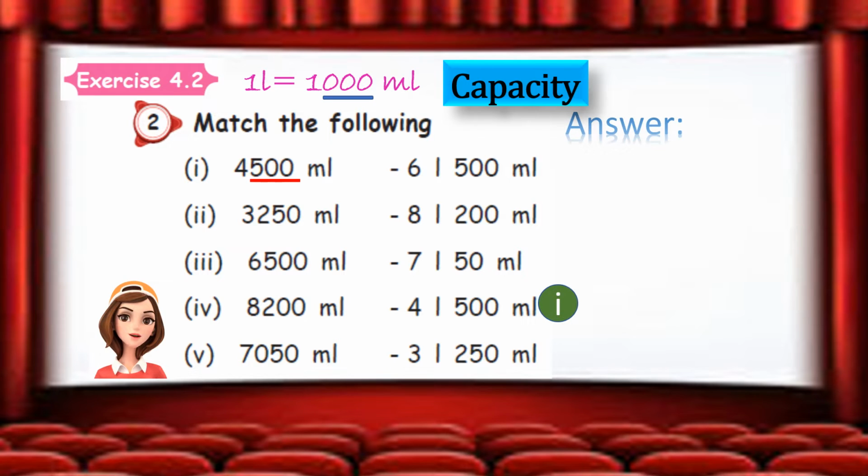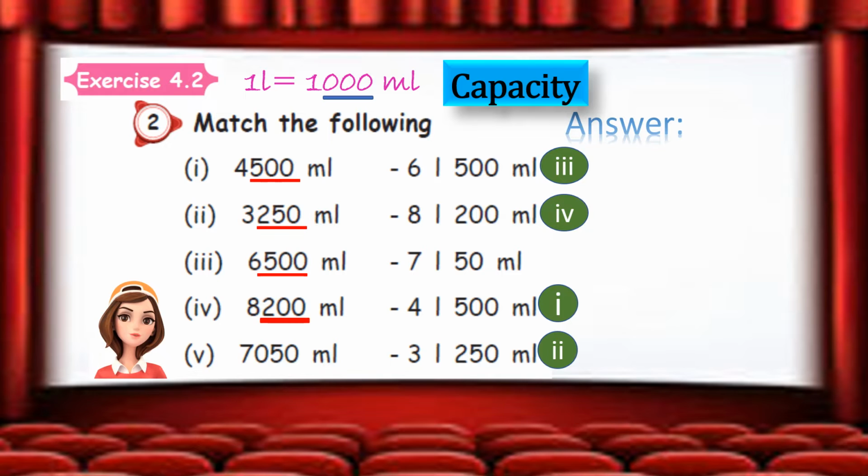Second one, 3250 ml, last 3 digits, this is the ml and then 3 is the liter. So this is the second answer. Likewise, 500 ml is the ml and then 6 is the liter. Fourth one, 200 ml is the milliliter and then 8 is the liter. So that is the fourth one.